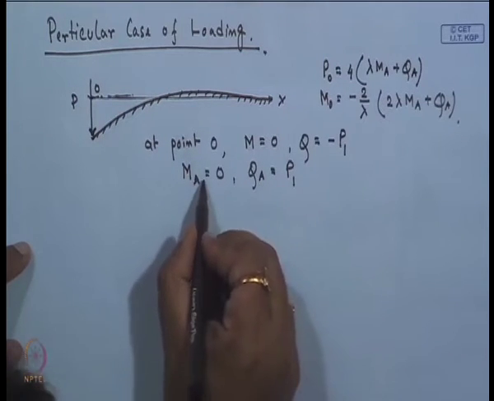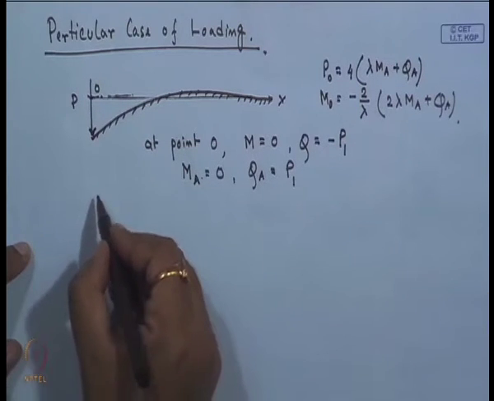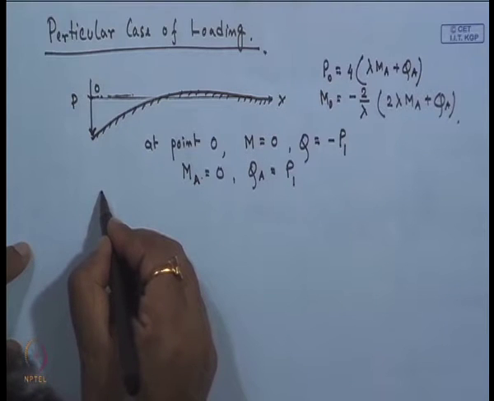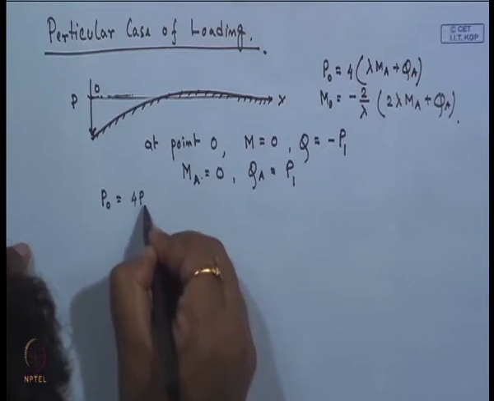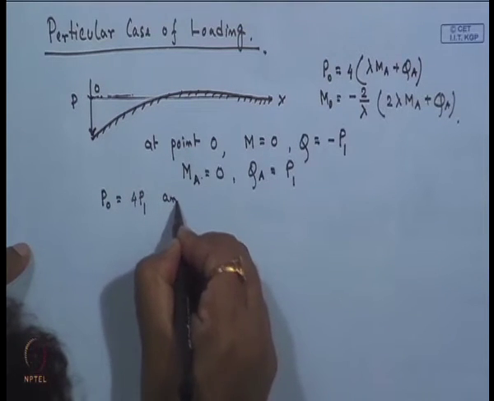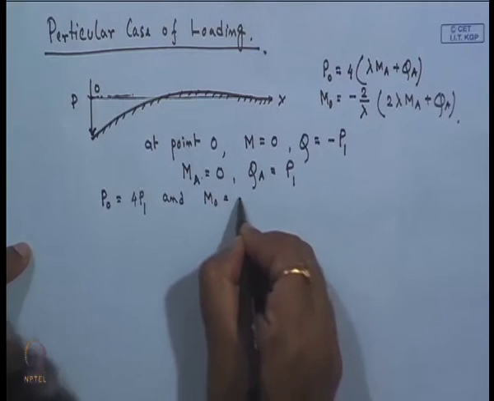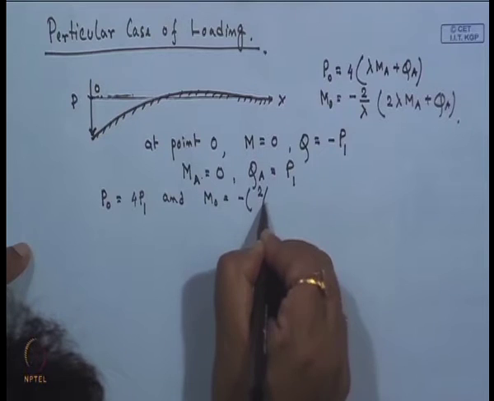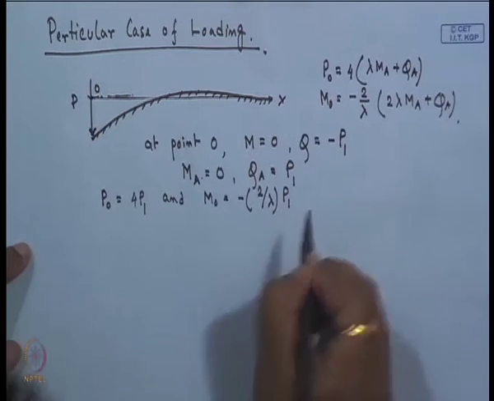Now, if I put M A and Q A in these two expressions, then we will get P 0 as 4 P 1 and M 0 as minus 2 by lambda into P 1.